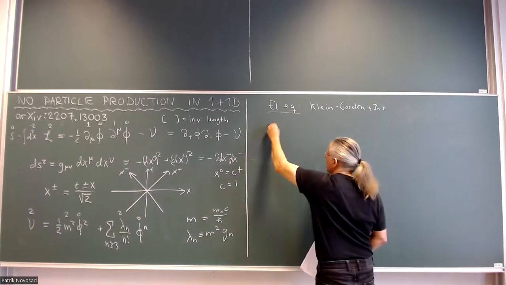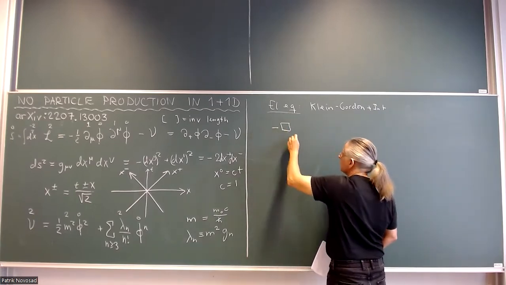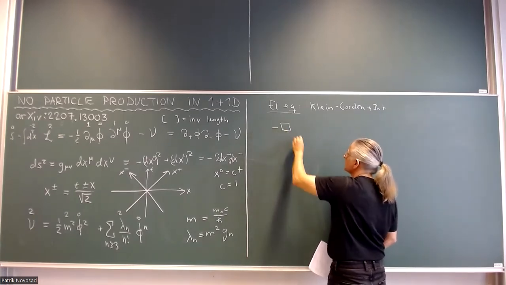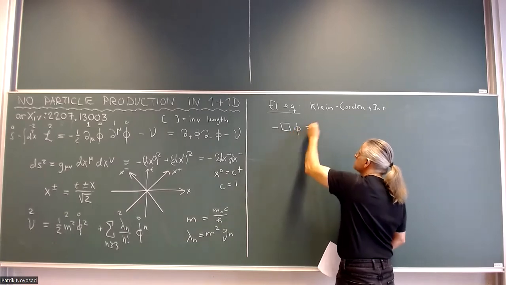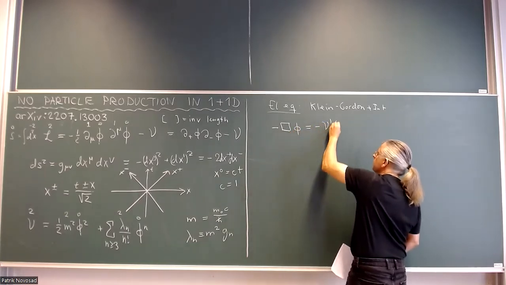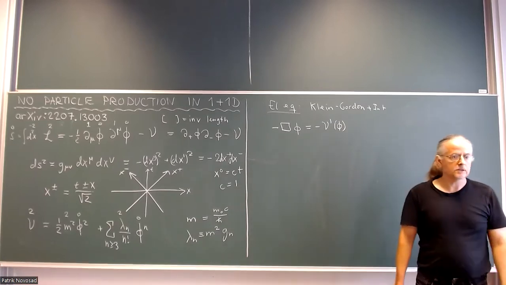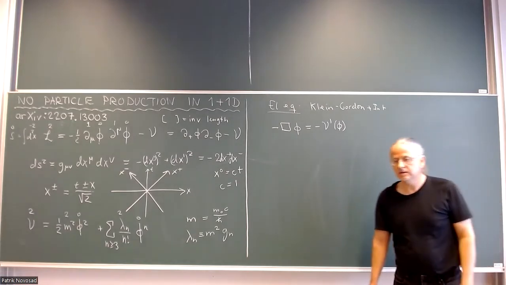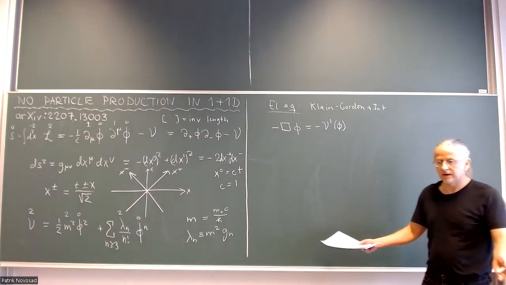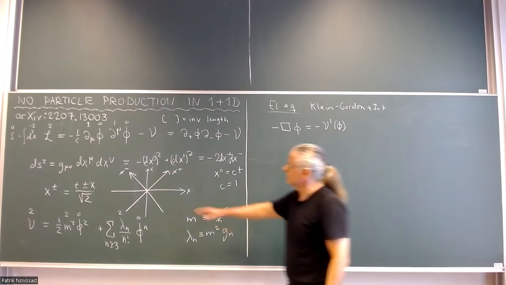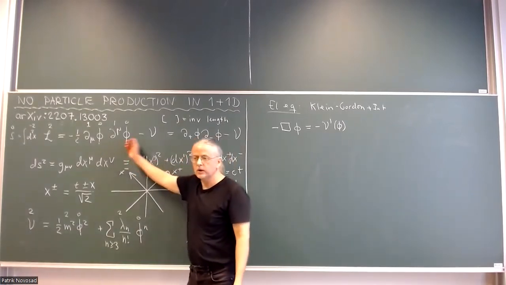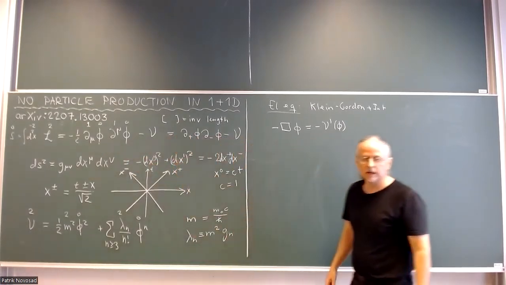So it will be something like minus box phi equal to minus the potential derivative, like this. Does this make sense? Patrick is nodding. Everybody can see that this is really Klein-Gordon theory with an interaction.